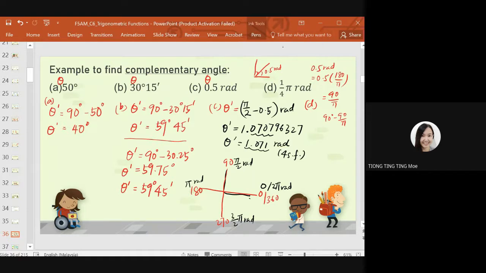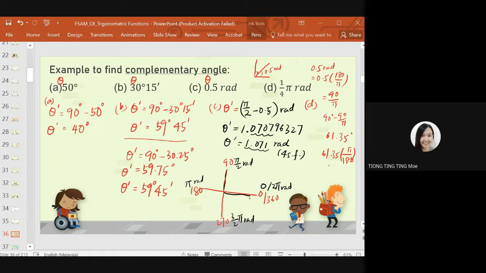So your answer is 61.35 degrees. Then because the answer is in radian, you have to change back into radian again. Degree into radian, multiply by pi over 180.